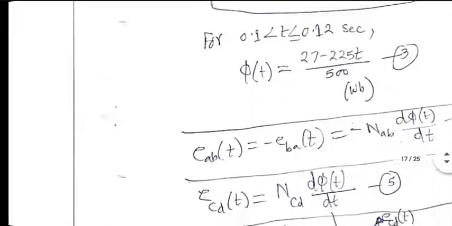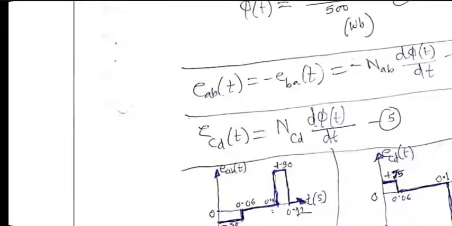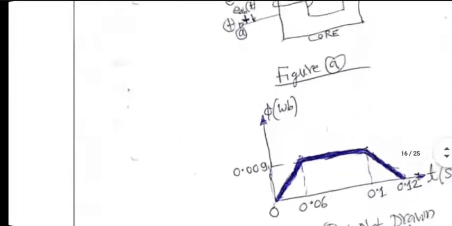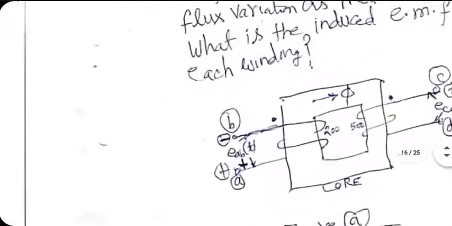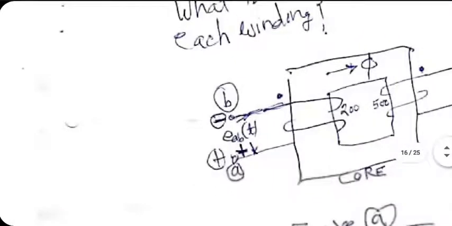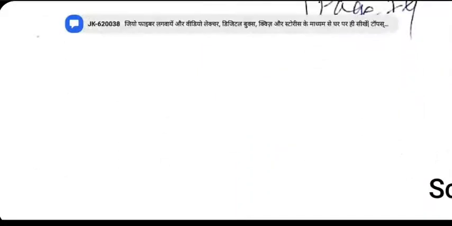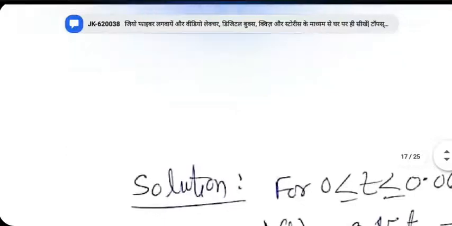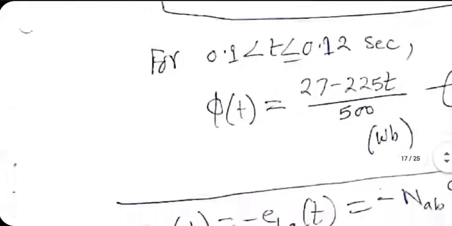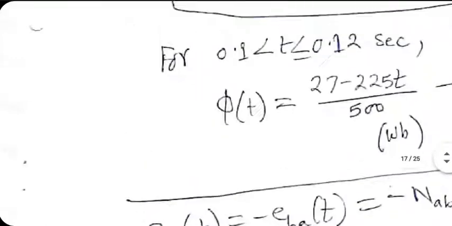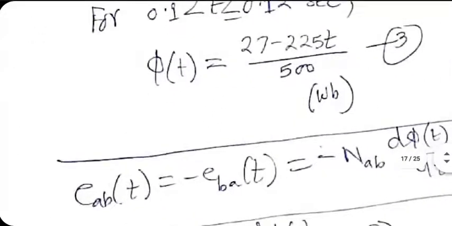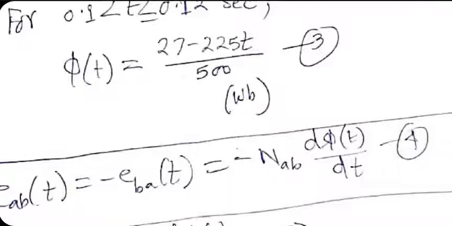Once these three equations have been written, you simply write Faraday's law. EAB, let's see how it is defined. Okay, it is defined like this, with plus at the bottom and minus at the top. This is given in the problem, so you cannot change it. So EAB equals minus NAB d phi by dt.